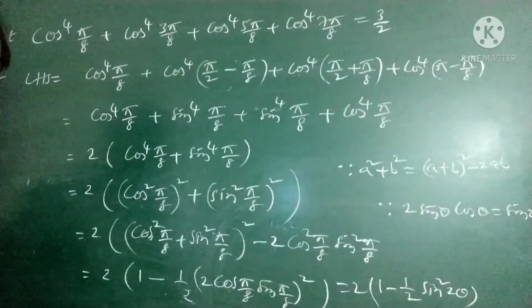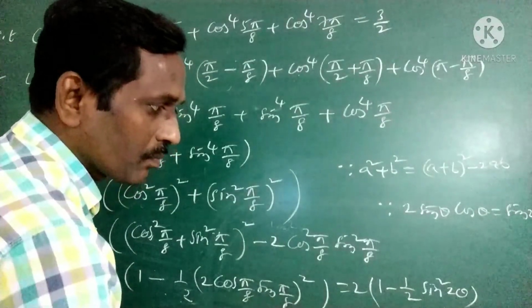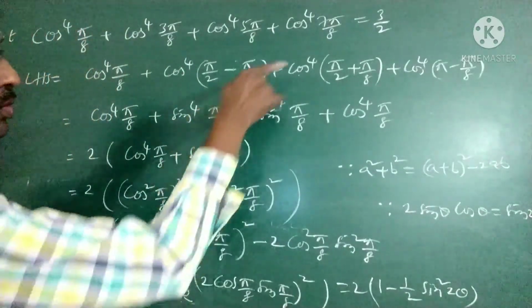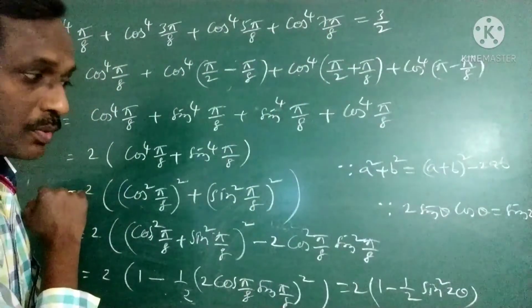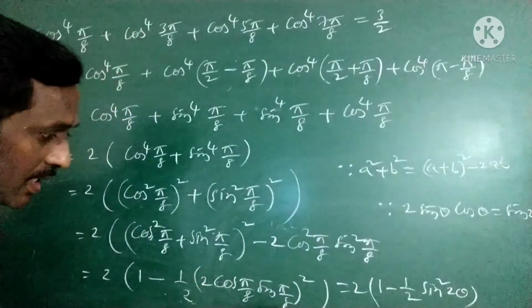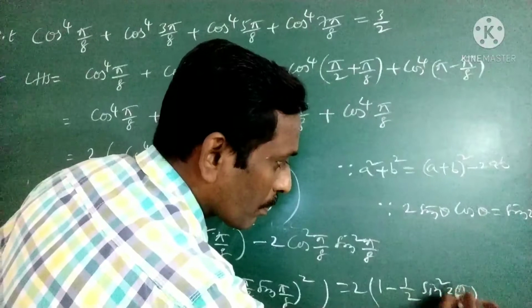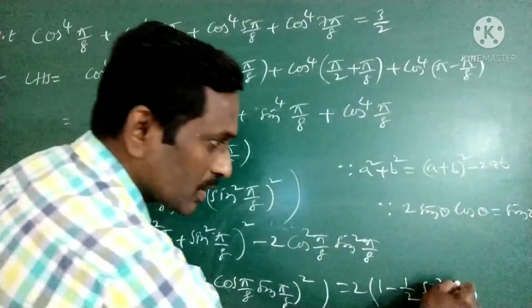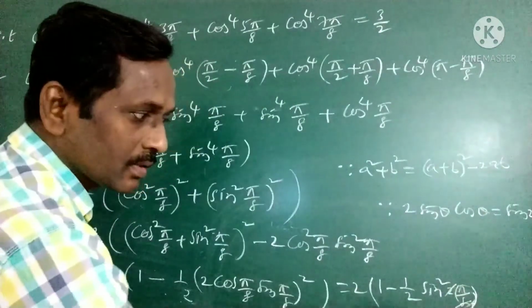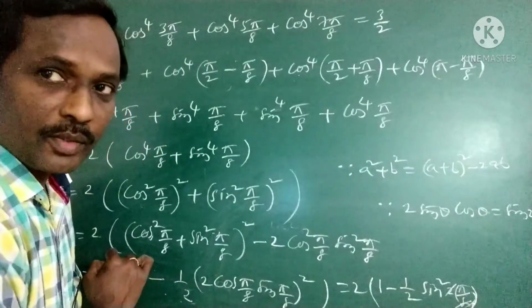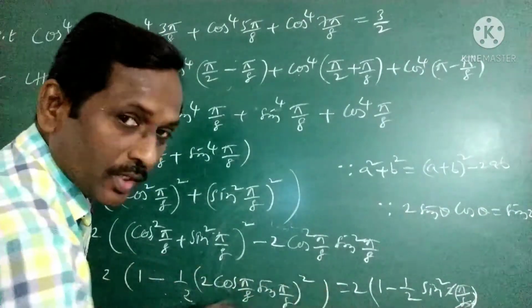Now finally, what you have to show is the result as 3 by 2. What is the theta here? Theta is the value pi by 8. So the 2 fours we can cancel. Sin pi by 4, what is the value? 1 by root 2. So write the value.